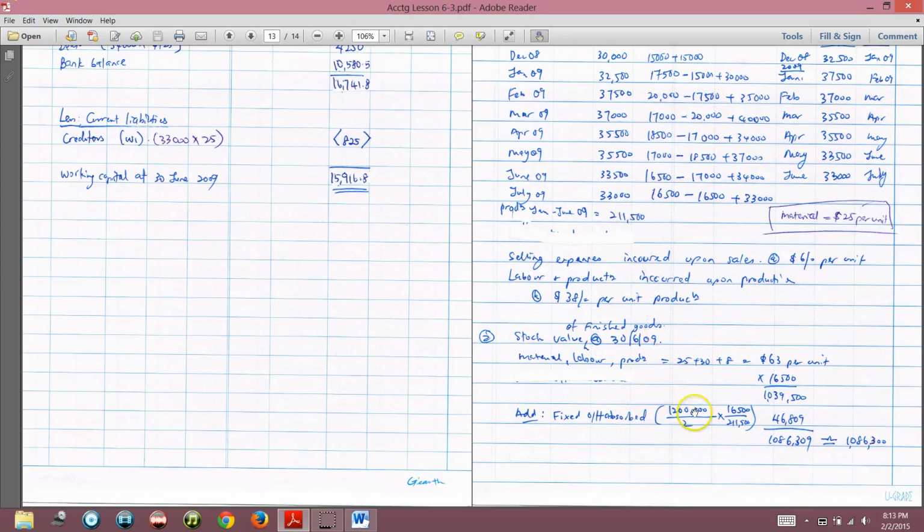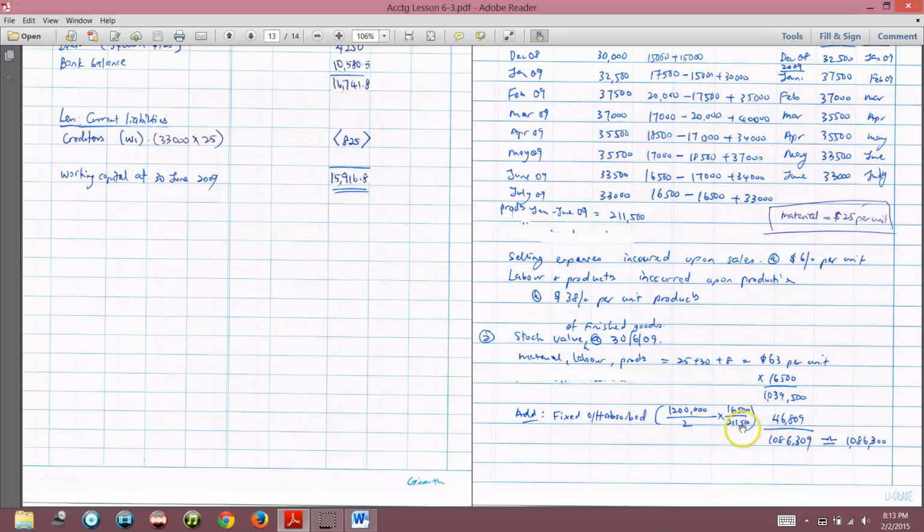So that means we're supposed to take the fixed overhead for half a year, which is 1.2 million divided by 2, which is 600,000. And the closing stock is 16,500.